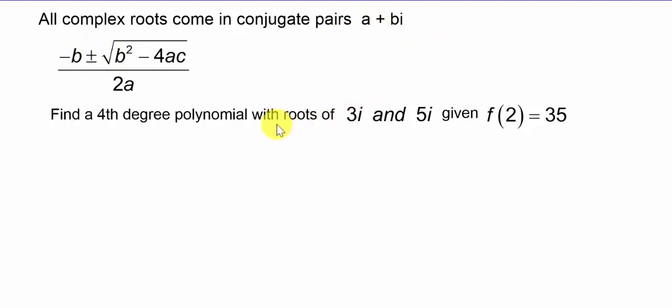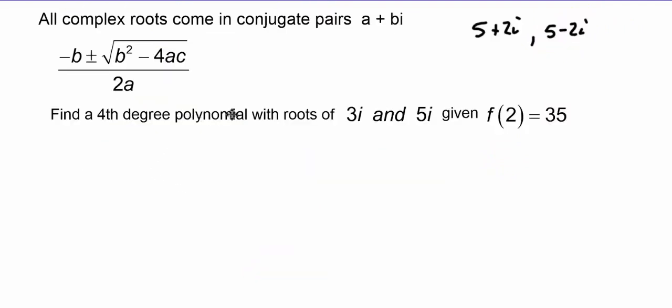So know that anytime you have a complex root, you get a conjugate pair. So for instance, if I had an answer that said x was 5 plus 2i, then I would know I'd also have a root of 5 minus 2i because that's the conjugate pair.